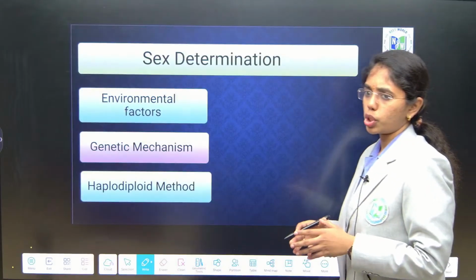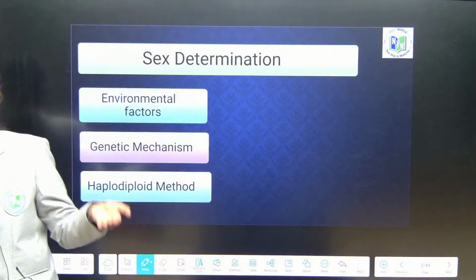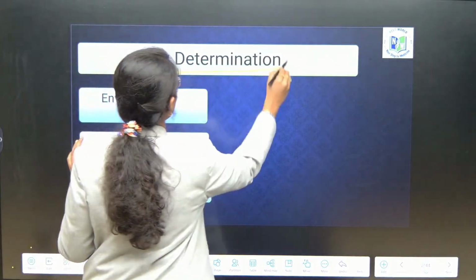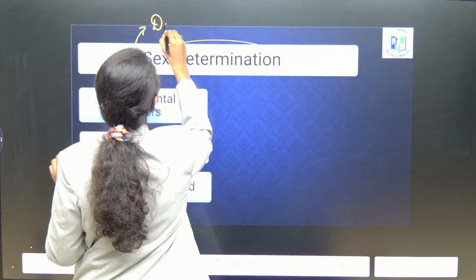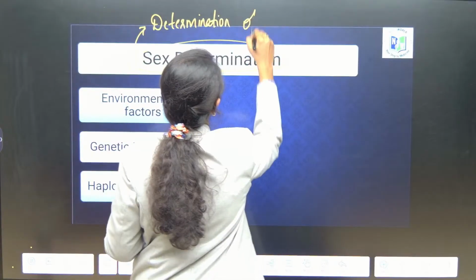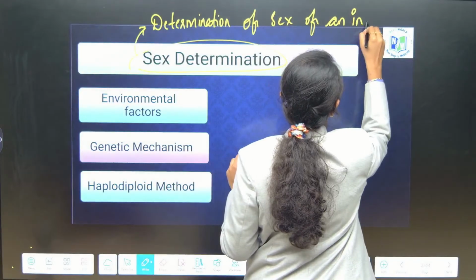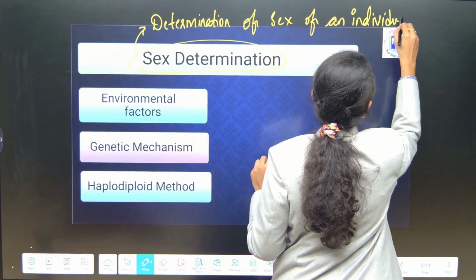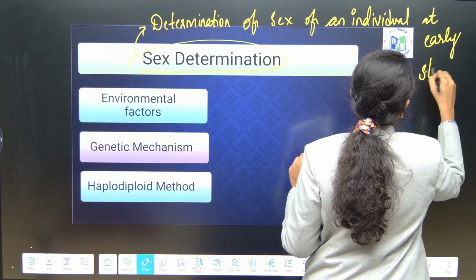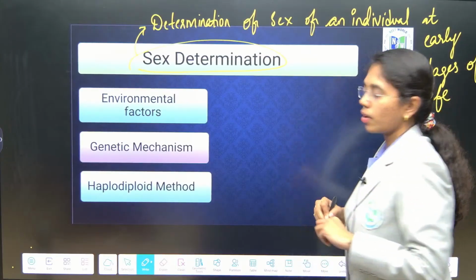What is sex determination? Determination of sex of an individual at early stages of life, for any organism.